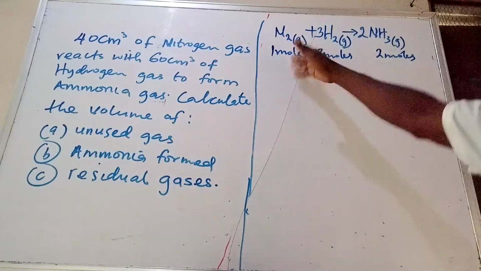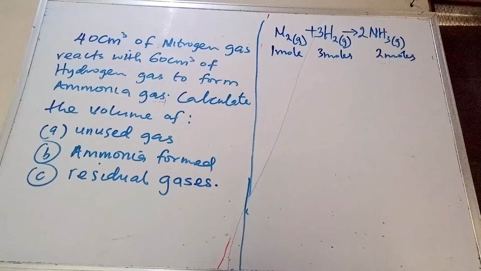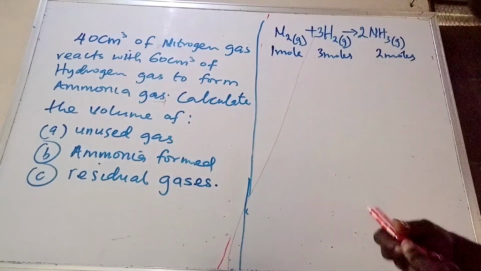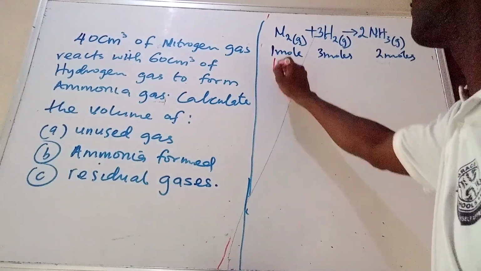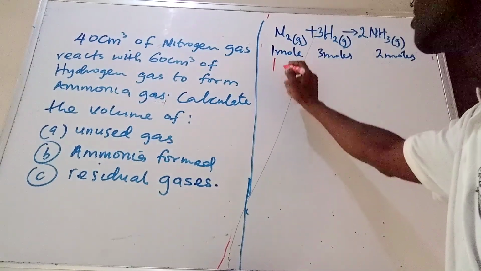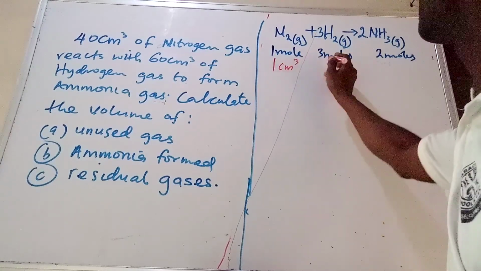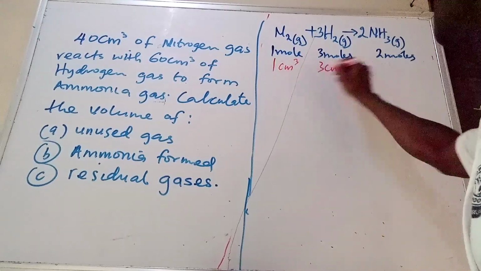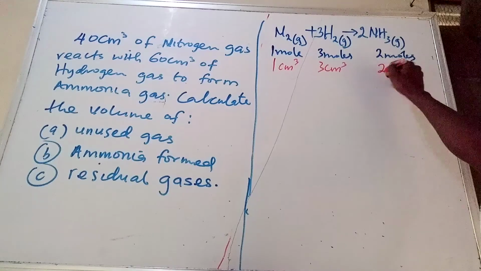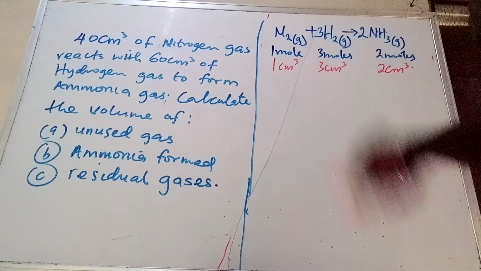So these moles now will be addressed as volumes. That means we are going to write in terms of volume. That will be 1 cm cube, 3 cm cube, 2 cm cube.